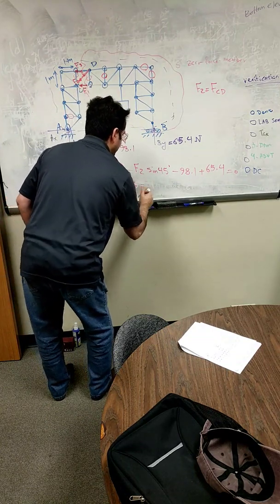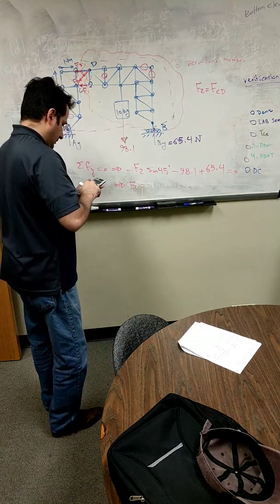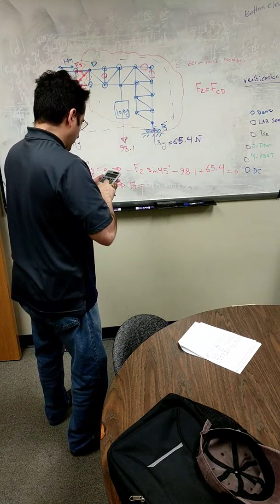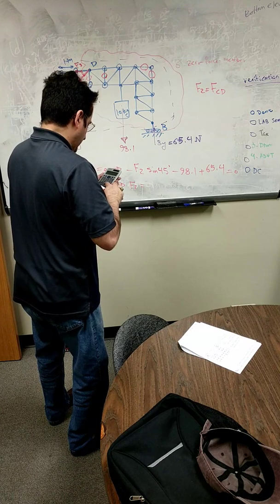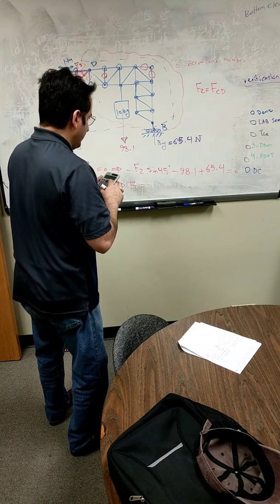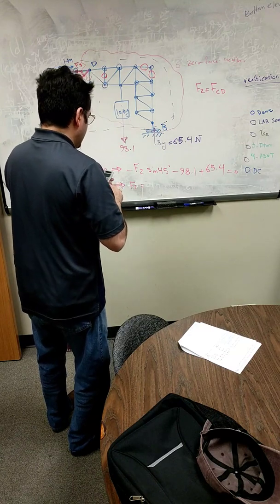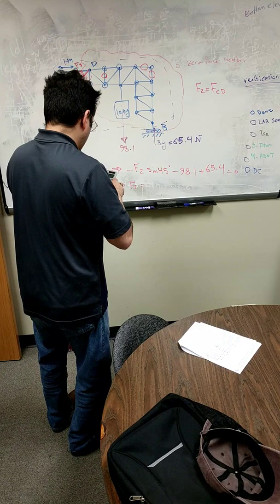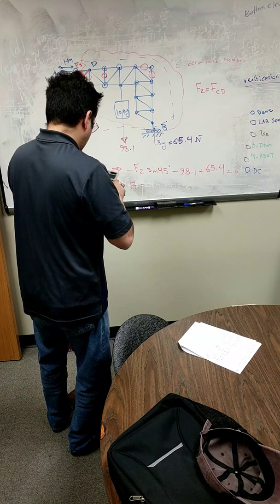F2 is equal to 98.1 minus 65.4, close parentheses, divided by sine 45.